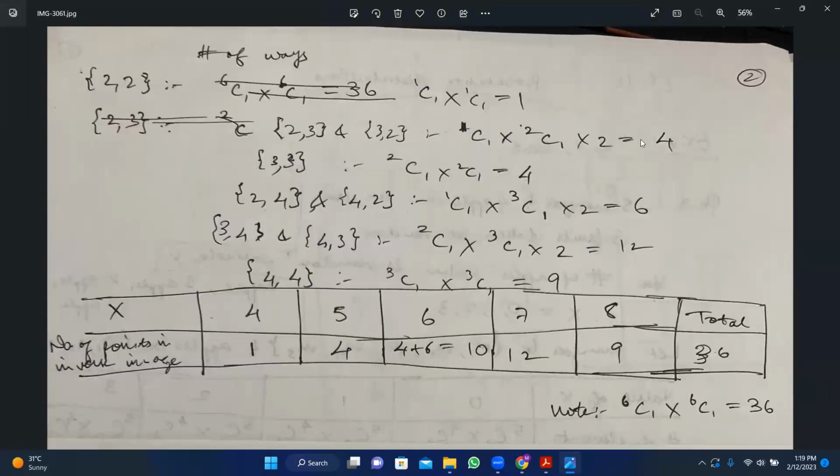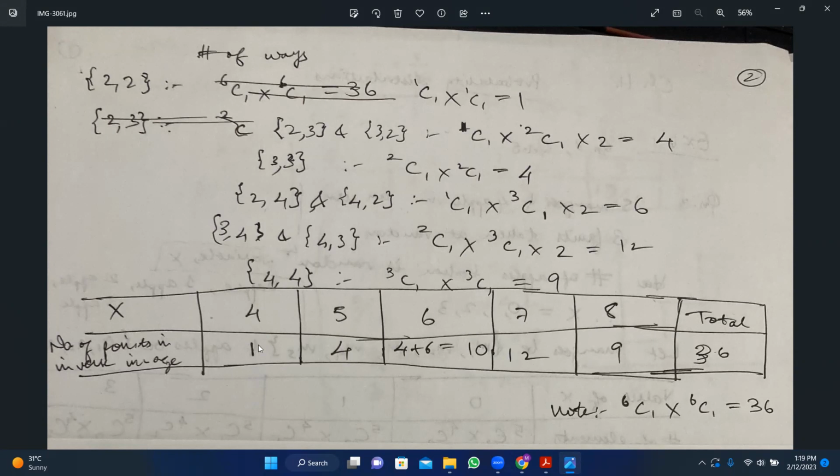It is 4 from here, and to get 6 we add up these two values, 4 plus 6 equal to 10. To get 7 we have this value as 12 over here, and for the last possibility, which is 8, we have 9.